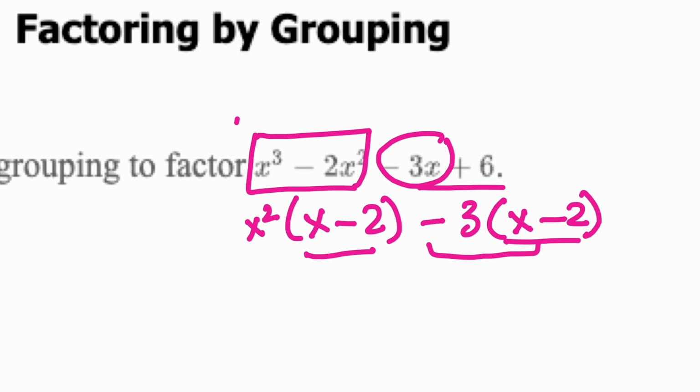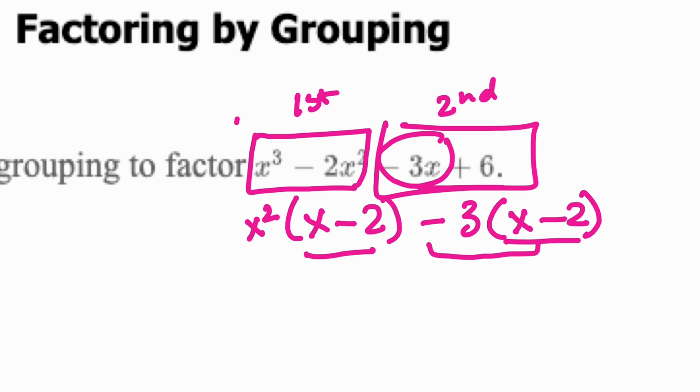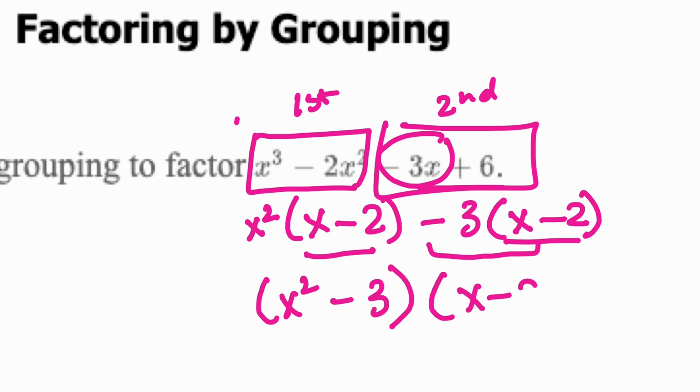We want one of the factors from our first group to match the factors from our second group, so that way we can take the x squared minus 3 and then have that x minus 2.